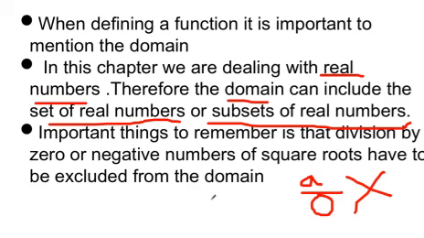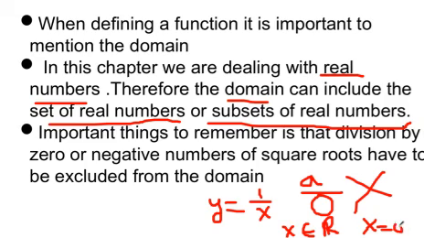Let's say y equals this. Let's talk about this relation, 1 over x. If we write x as an element of the set of R, this is okay for all the values except at x equals 0. What happens when x equals 0? This becomes 1 over 0. So you cannot have this, right?